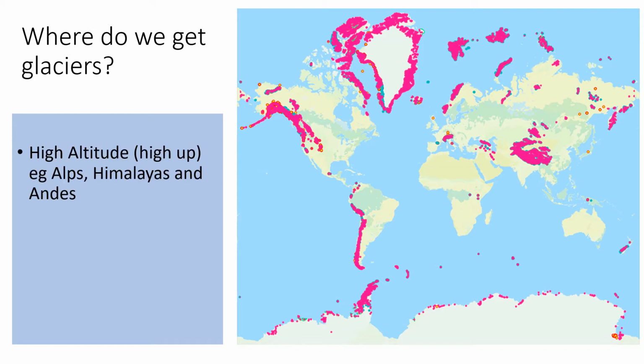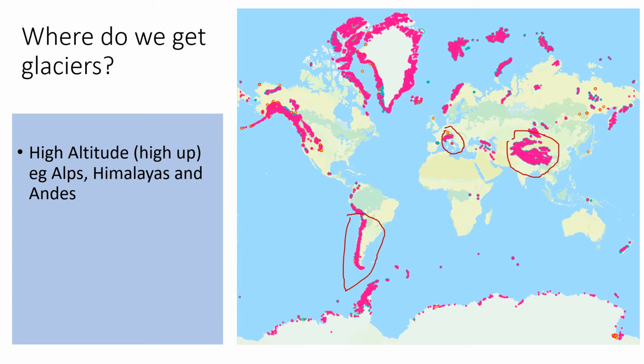The first one is areas of high altitude. That means it's high up. For example, the Alps. You've also got the Himalayas and the Andes, which are some of the easier ones to spot, but there are other ones such as the Rockies, and in Africa, think of places like Kilimanjaro as well.